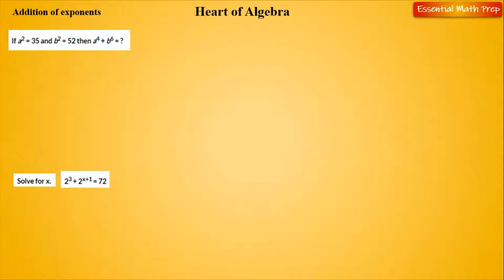Here's the first problem. The first problem states, if a squared equals 35, b squared equals 52, then what is a power 4 plus b power 6? Okay, so what can we do? Here, if you notice, the best way to approach this type of problem is the given information are both in squares, right?